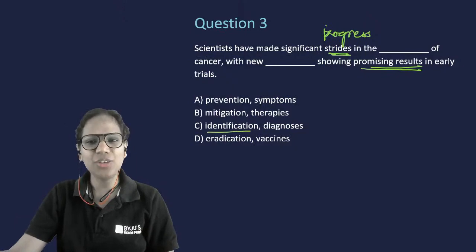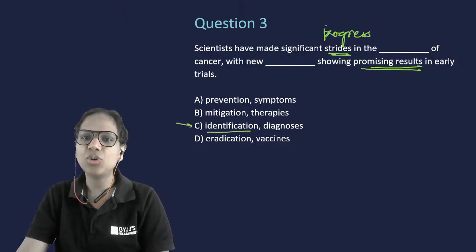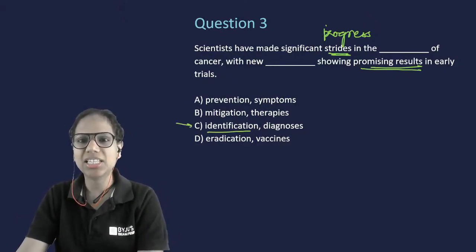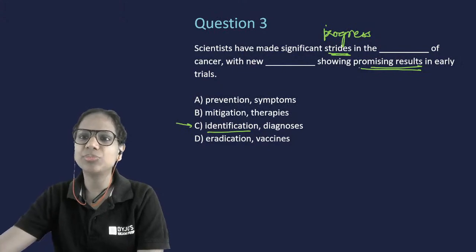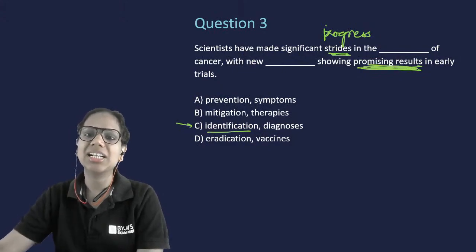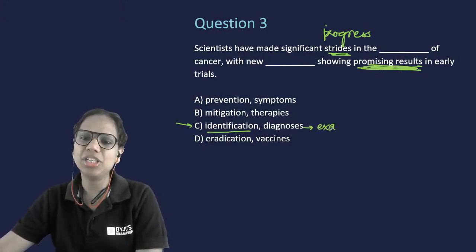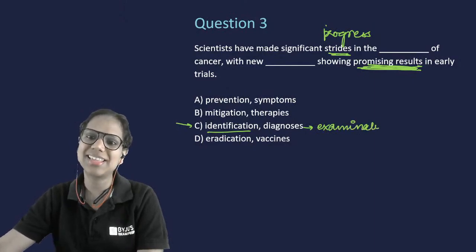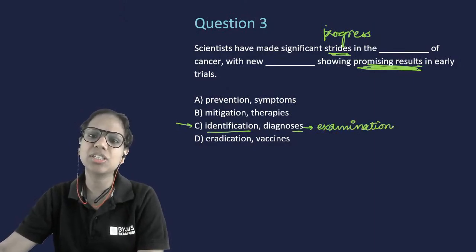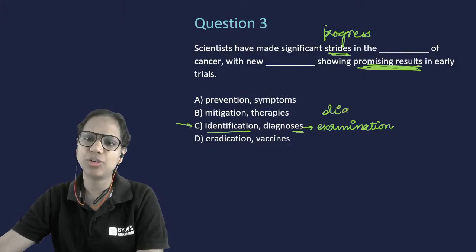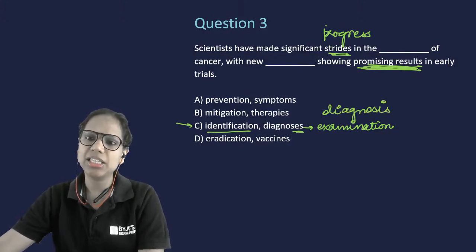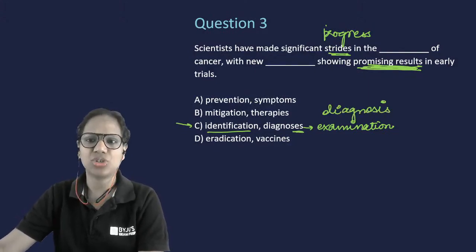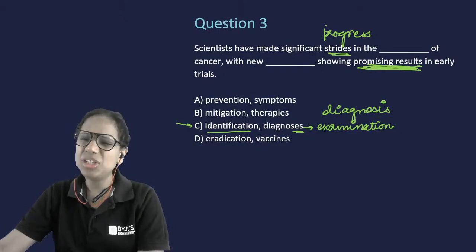In the identification of cancer, were we not able to identify cancer earlier? Also, something showing promising results. Diagnosis is simply examination of a patient. Diagnoses is the plural of diagnosis. This simply means examination. So, examination showing promising results in early trials.